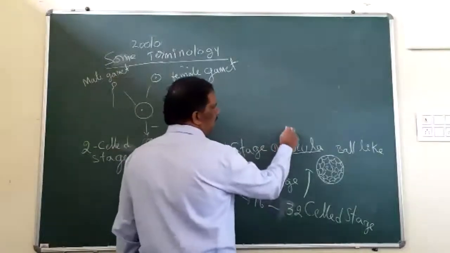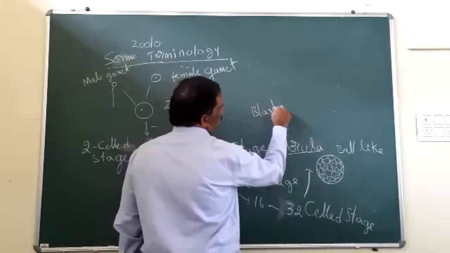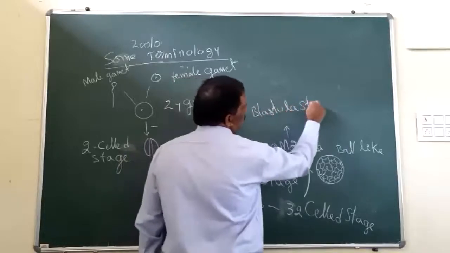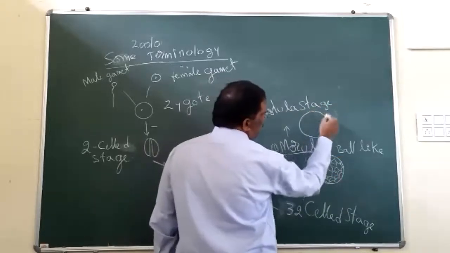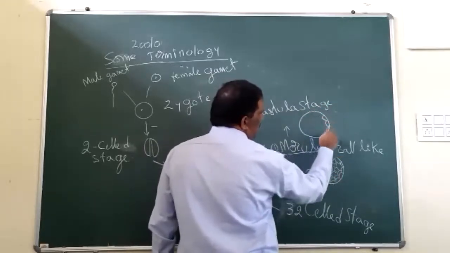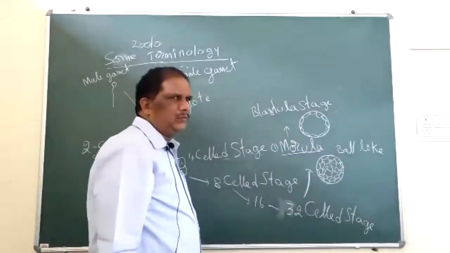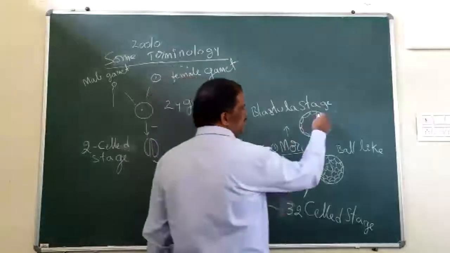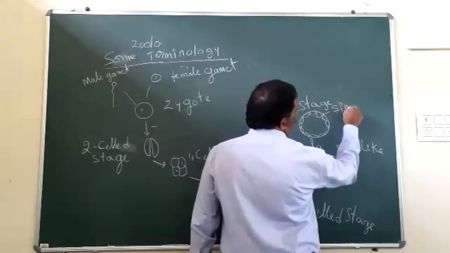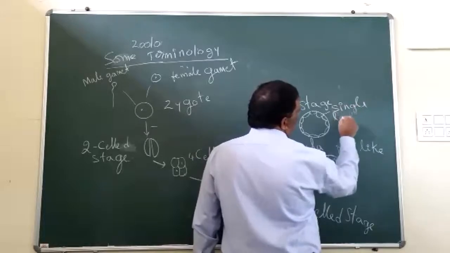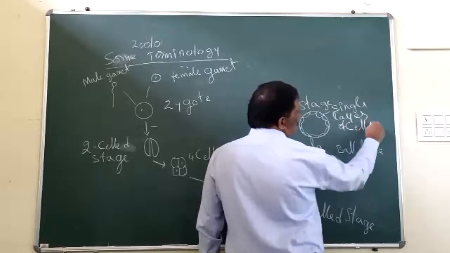After this morula, the blastula stage. What is the blastula stage? A single-layered structure, a single layer of cells.